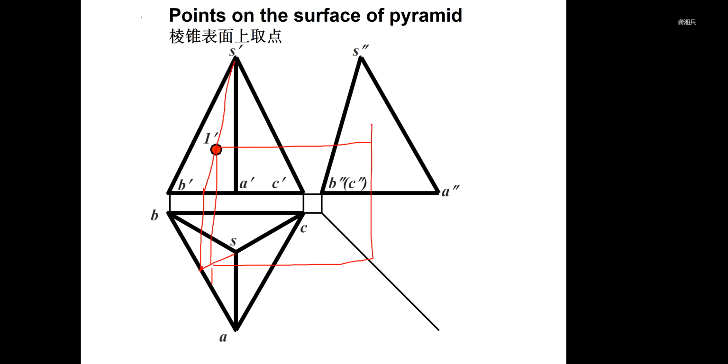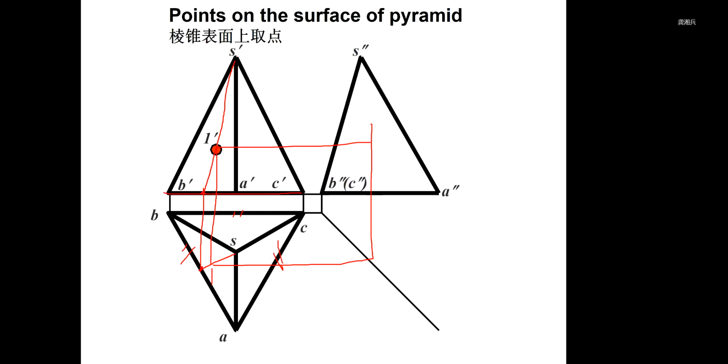Use an auxiliary line running across point 1, and you can get a line S1. Then, because ABC has this line, and this line's projection accumulates to one line, you should tell which one it is, this one or this one.